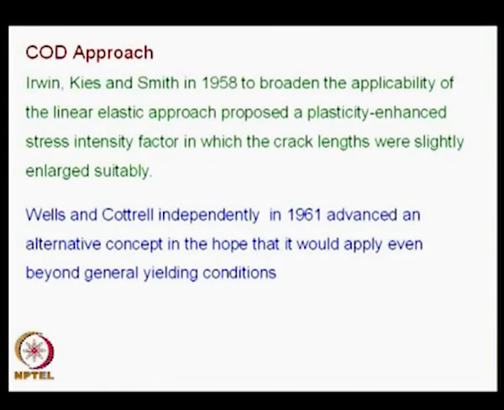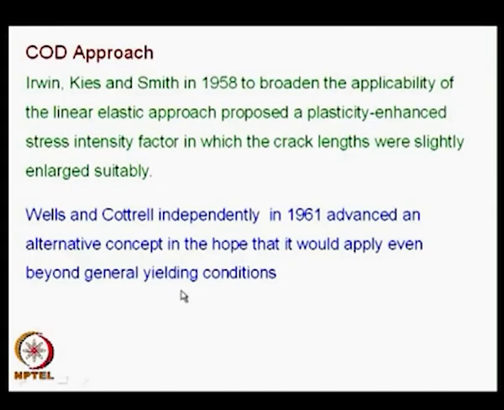This was the first type of approximation. Wells and Cottrell independently in 1961 advanced an alternative concept in the hope that it would apply even beyond general yielding conditions.